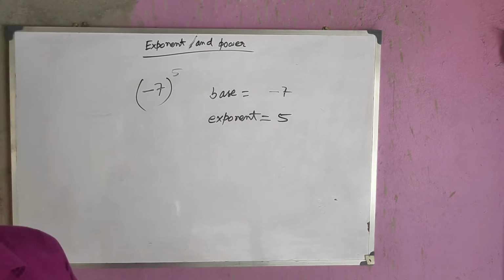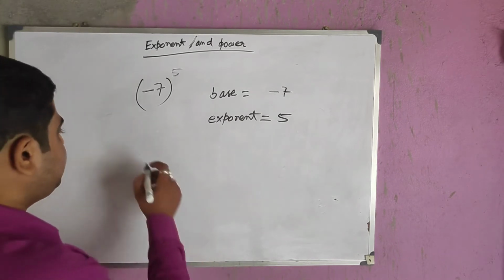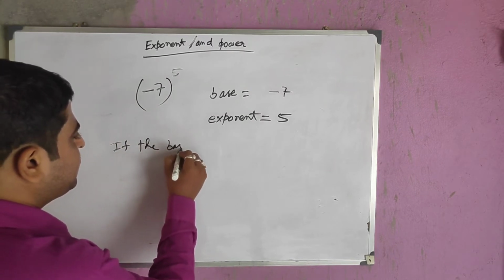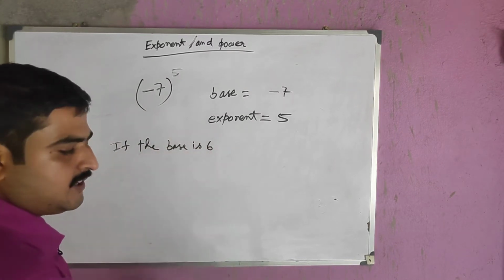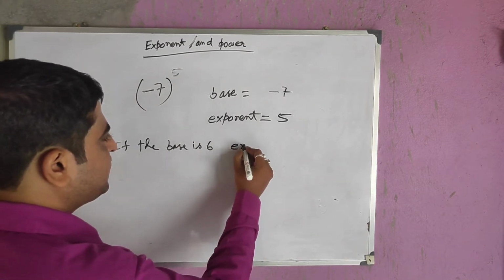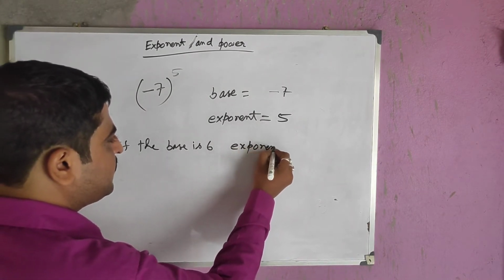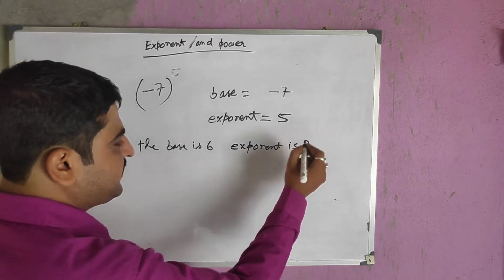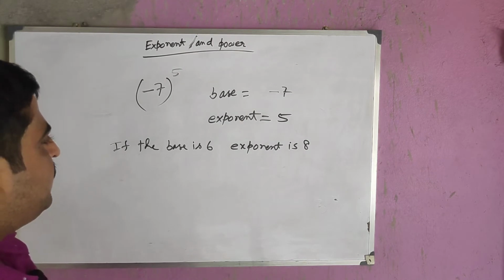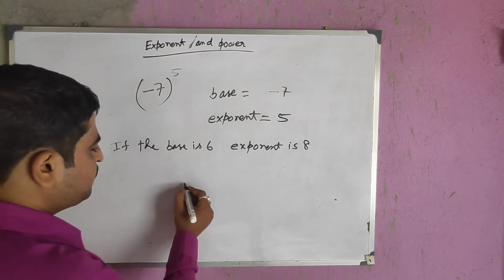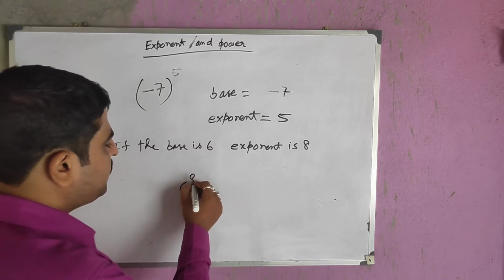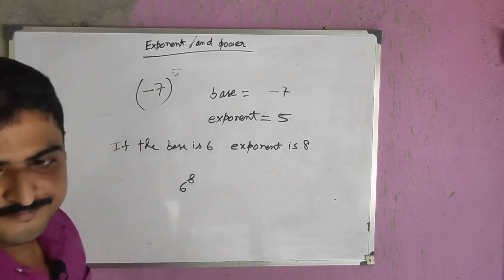Next, if the base is 6 and exponent is 8, then what will be its exponential form? Its exponential form is 6 to the power 8.